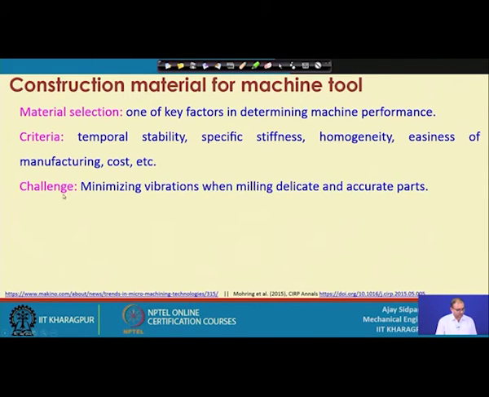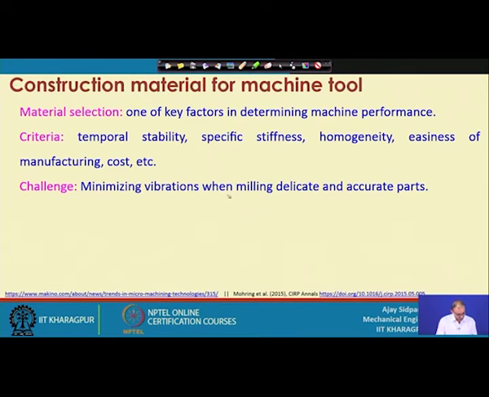What are the challenges here? Minimizing vibration when milling delicate and accurate parts, because we know that we are working with micro machining or micro components, where our depth of cut is at the micron level and we are going at a very high speed, and our tool should also rotate along its own axis without very high tool run out.